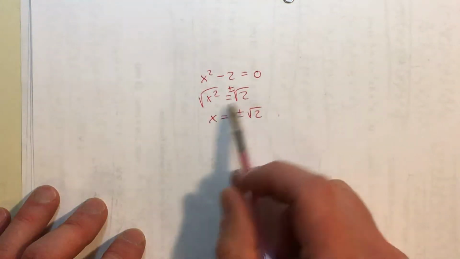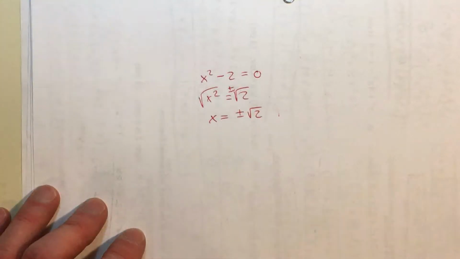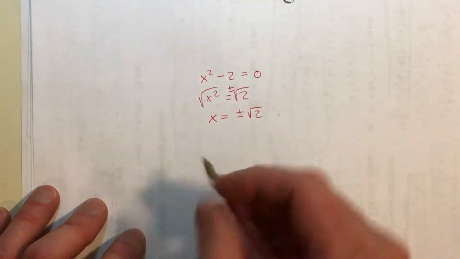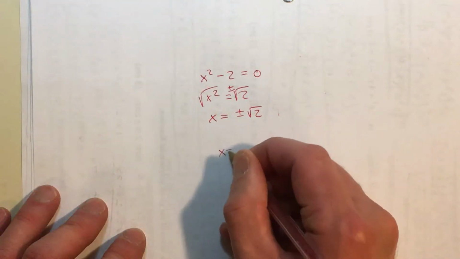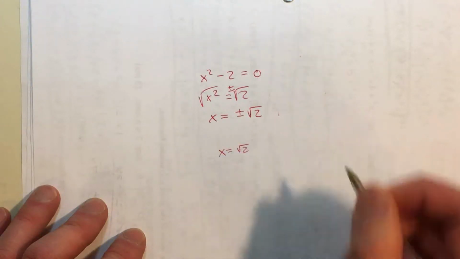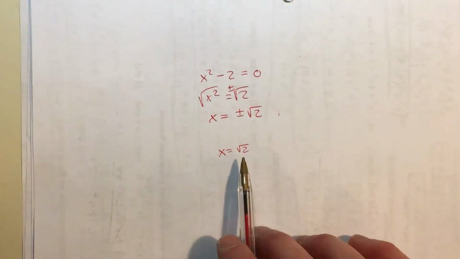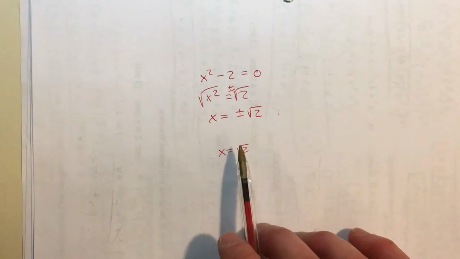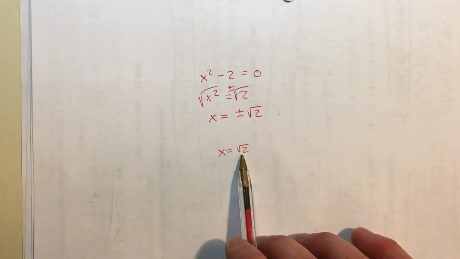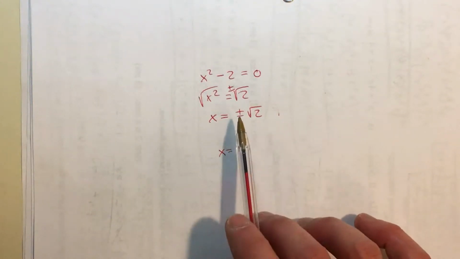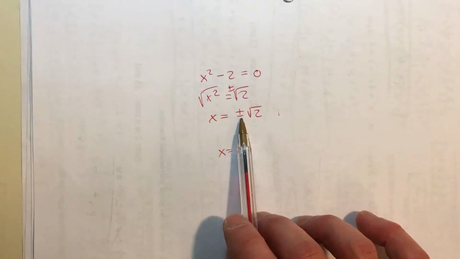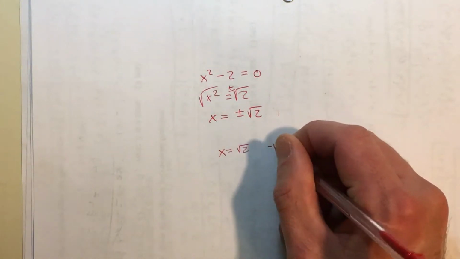Well, therein lies the fact that if somebody was to tell you, hey, one of the zeros is square root 2, you would look at that and you'd say, well, wait a second. If you got a square root 2, it makes sense that you more than likely must have also had a negative square root 2.